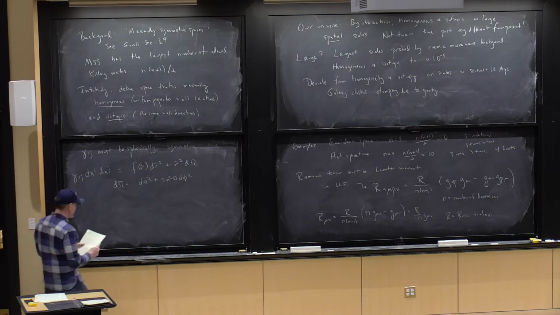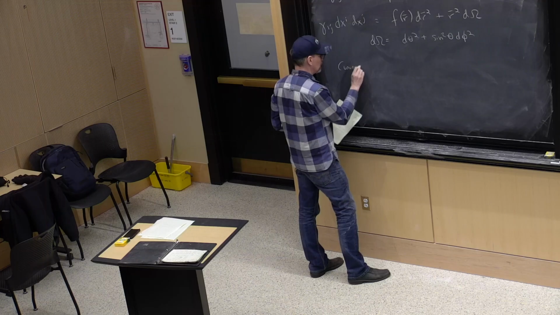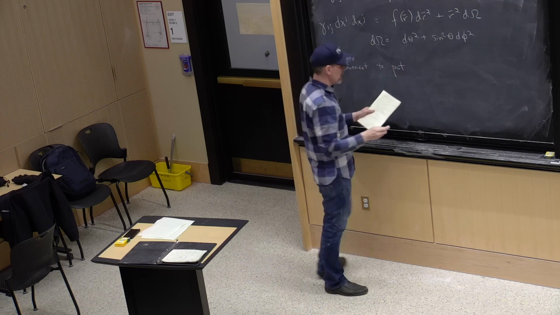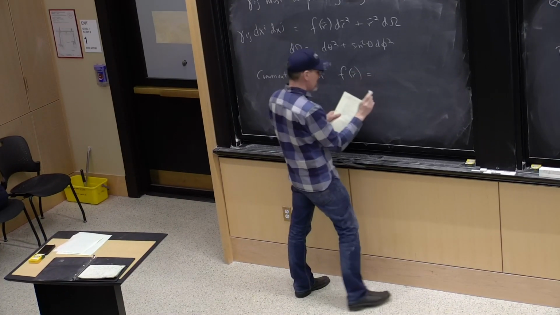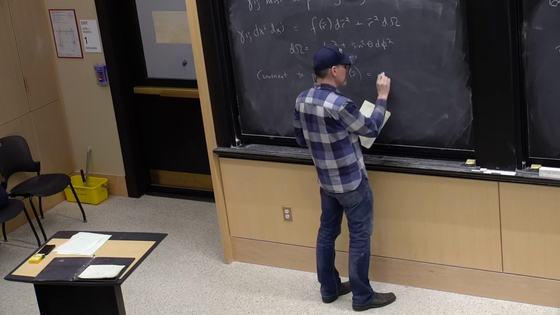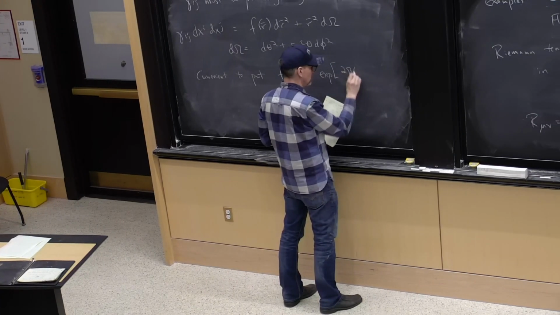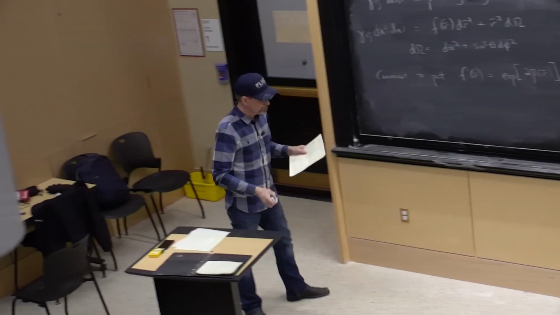So it's convenient for us to rewrite this f of r-bar as an exponential function. Just think of this as the definition of the function beta.